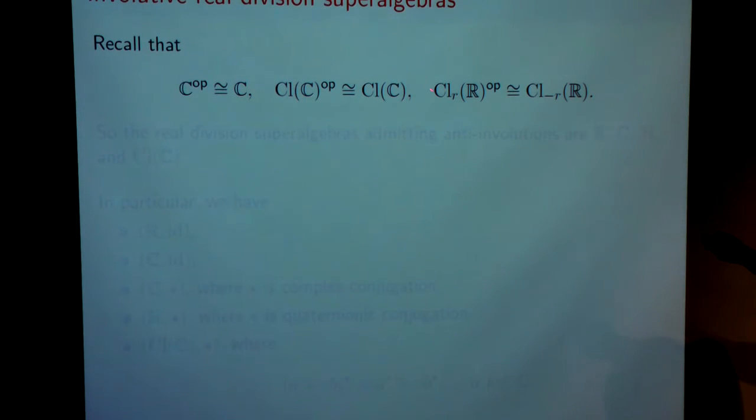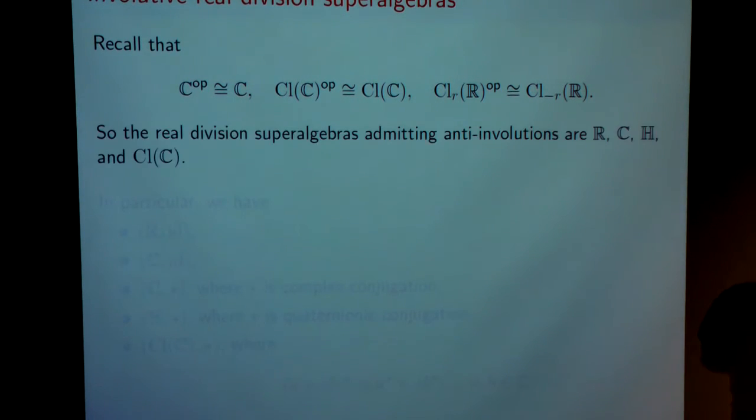So that means actually that a lot of them don't have an anti-involution because they're just not isomorphic to their opposite. So you need r to be congruent to -r mod 8, right? So that really cuts down the possibilities. So here are the only possibilities. The only real division superalgebras that admit an anti-involution are R, C, H, and the complex Clifford superalgebra. So when we do this generalization of the unoriented Brauer category, we'll only be able to use those four.